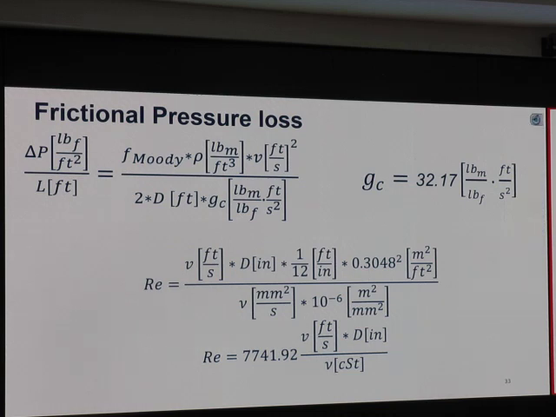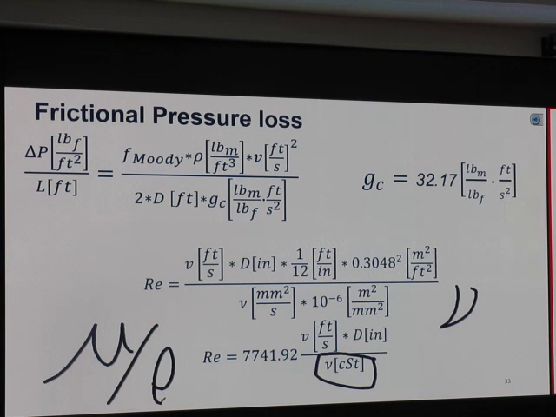This is about calculation of Reynolds number in the field unit. Centistokes, nu. This is not V. It's nu, so nu is centistokes. What is centistokes? It's not mu, right? It's mu over rho. That is kinematic viscosity.